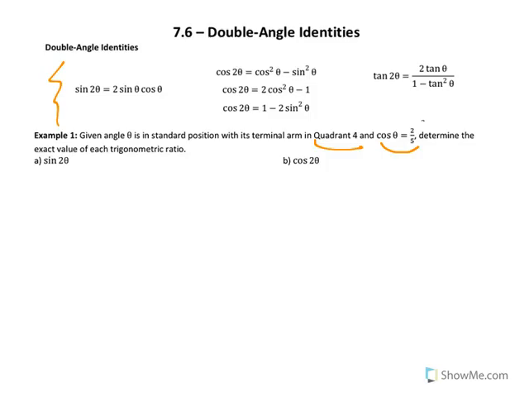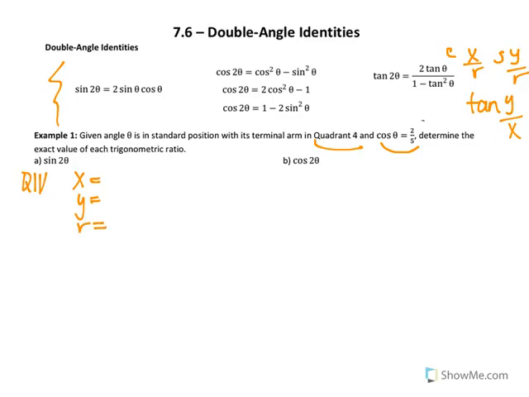Because we're going to need to know the sine, we're going to have to know the y value. So we know cos is x over r, sine is y over r, tangent is y over x. So we're going to use quadrant 4, and we have x, we have y, we have r.